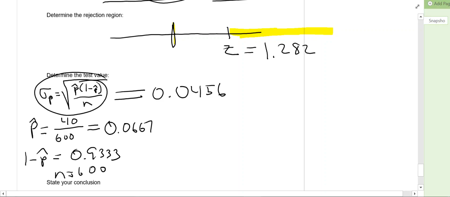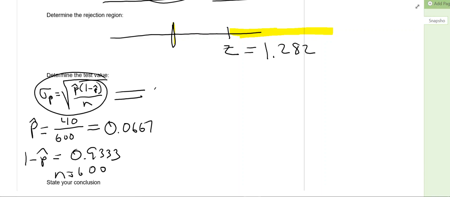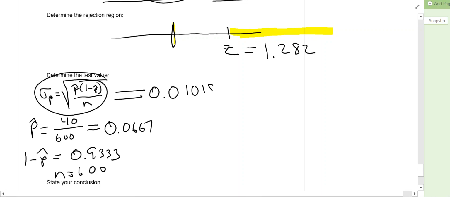Okay? Wait, no, hold on. Let me hold on here. I got to erase that. Grabbed the wrong number, I believe. Okay, yeah, that correct number is 0.1018. All right, that's what sigma is.